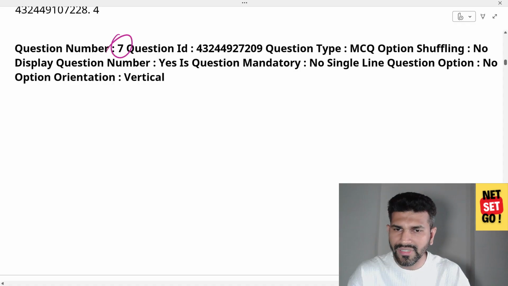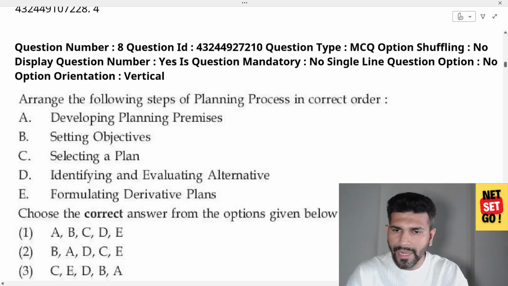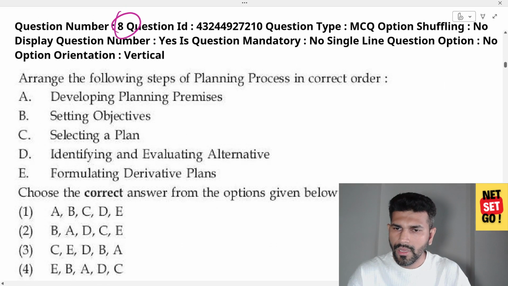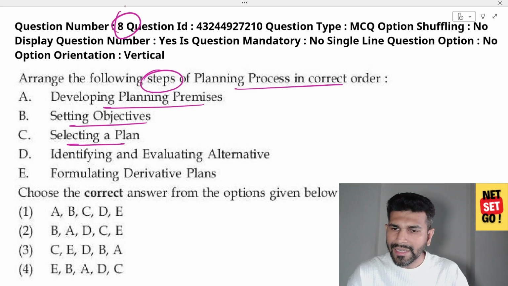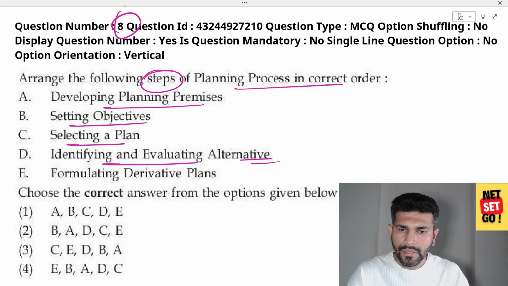Next, question number 8. Arrange the following steps of the planning process in correct order: developing planning premises, setting objectives, selecting plan, identifying and evaluating alternatives, and formulating derivative plan.